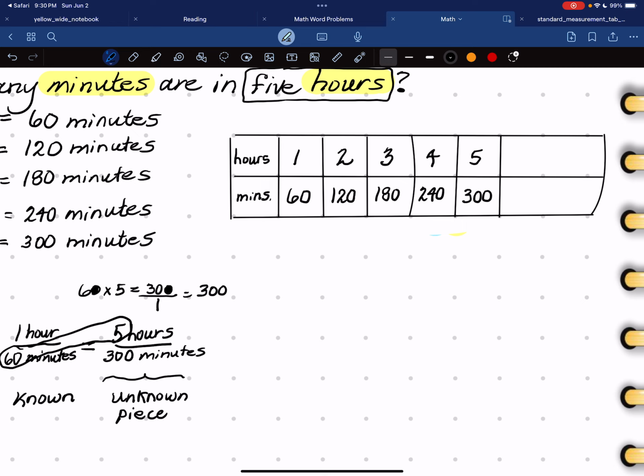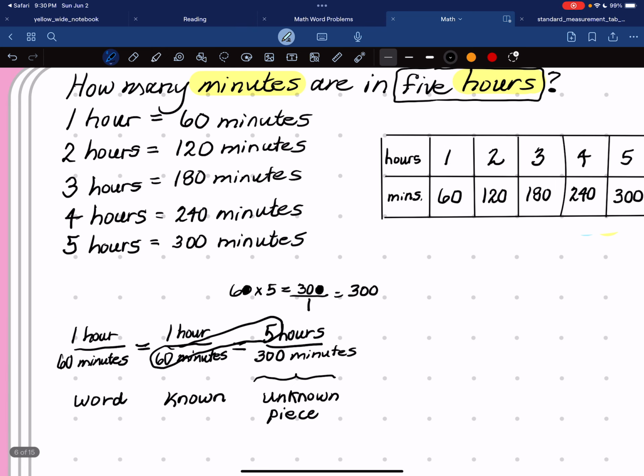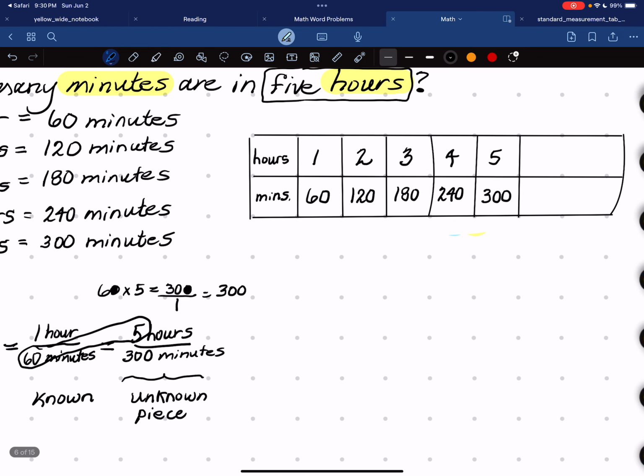Okay, so you could leave space out there. Academically mature students can usually go directly to this table without having to do any of this math. That is a very good thing. When they can do that, they're ready to start understanding a little bit about graphing.